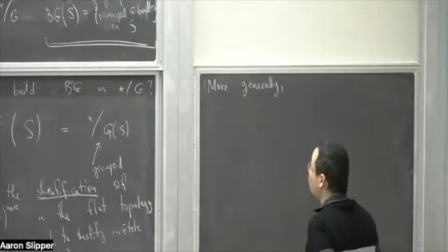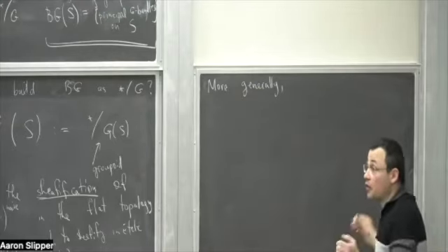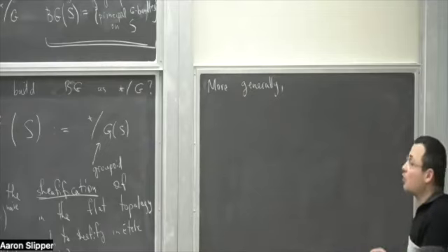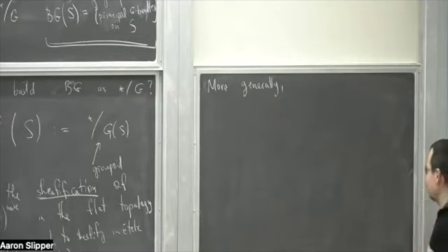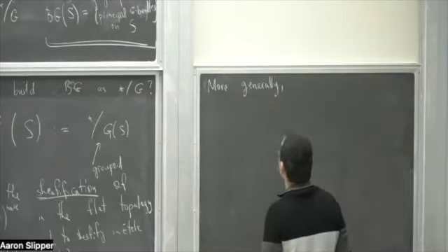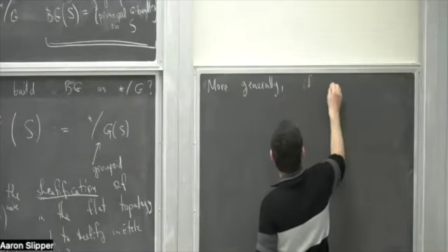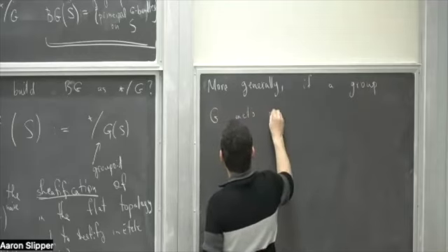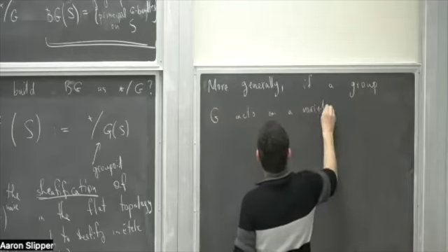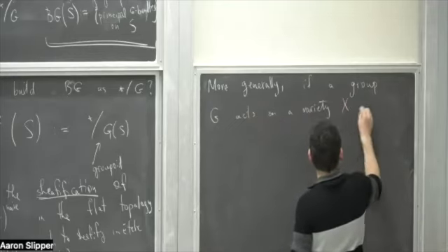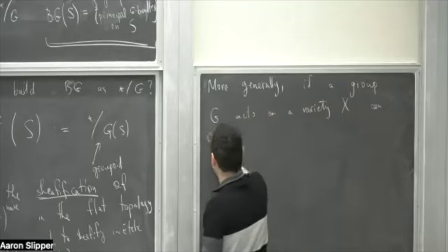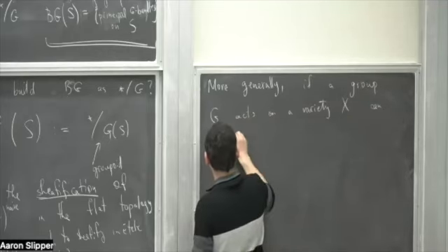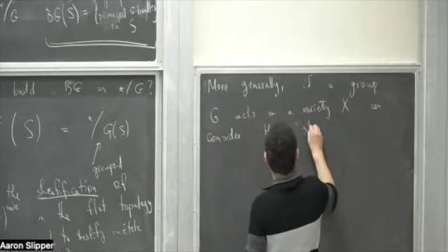The same thing is true in the case of stacks. When you have a functor valued in groupoids, the correct notion of product or fiber product is that of groupoids. I guess one should be careful about what one means by fiber product of groupoids. Sweep that under the rug. So more generally, if G is a group acting on a variety X, consider the stack quotient.